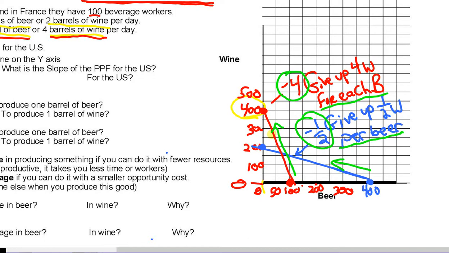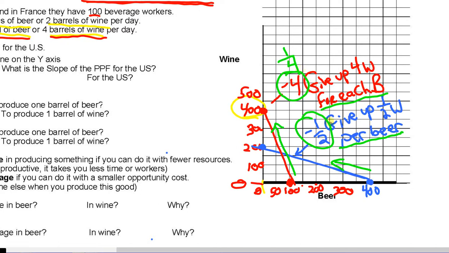How many beers do they have to give up to get each wine? Well, for France, that answer would be 1/4. They have to give up 1/4 of a beer per wine. It's just the reciprocal. If it's 4 wines for each beer, it's 1/4 of a beer for each wine.